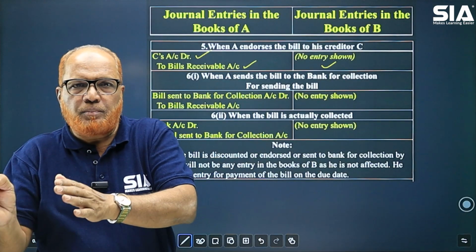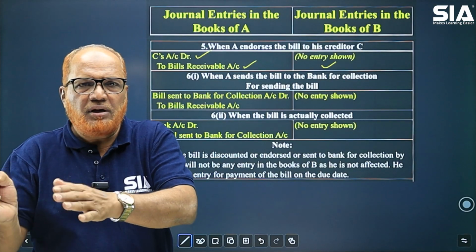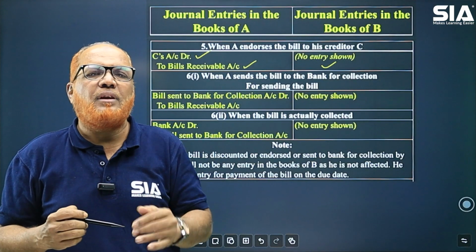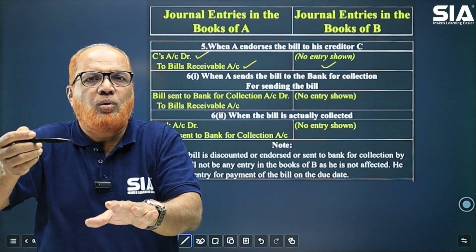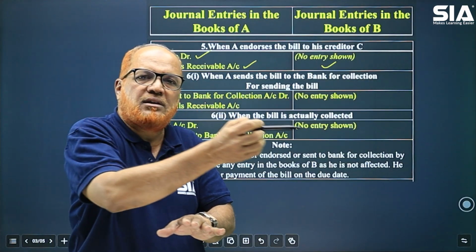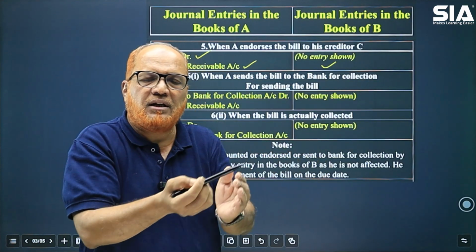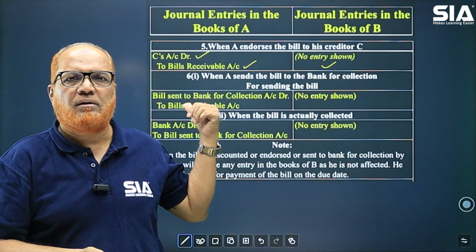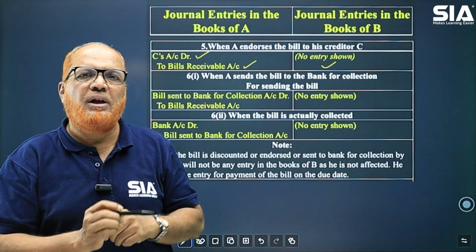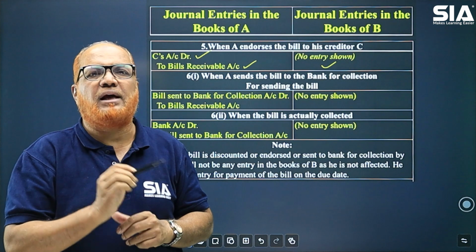If the bill is sent to the bank for collection, immediately the banker will not pay. The banker will keep the bill till maturity. On the due date, the banker will present the bill to B. After getting the amount, it will be deposited in the account of A. So that is called bill sent for collection.